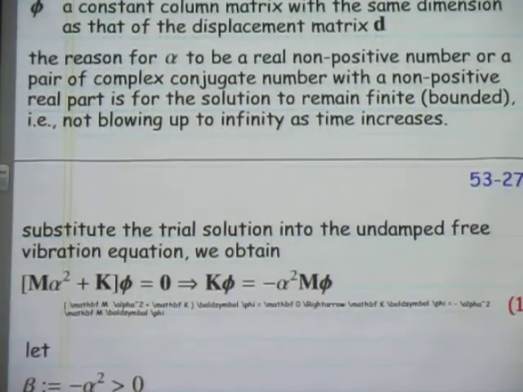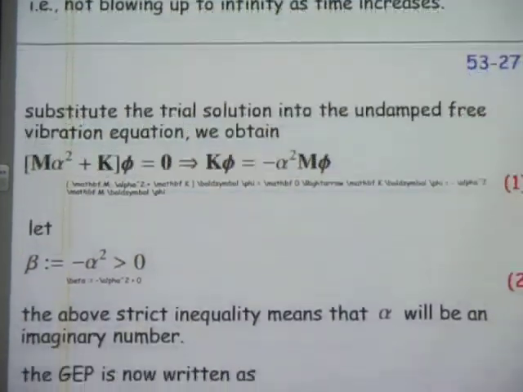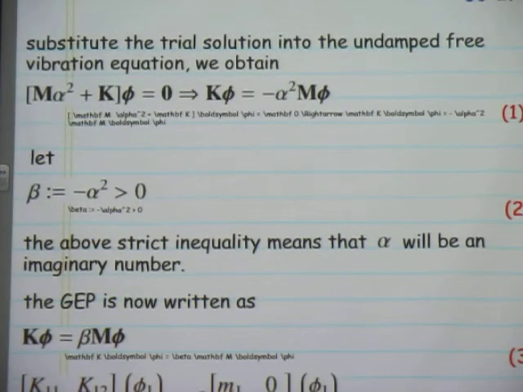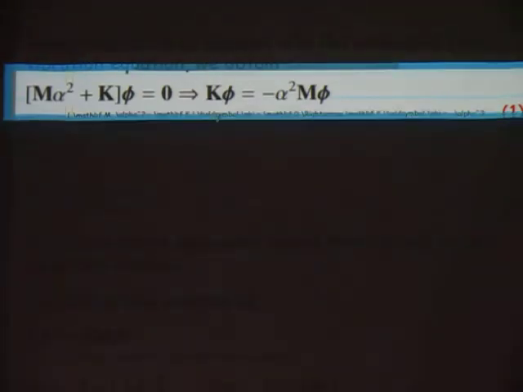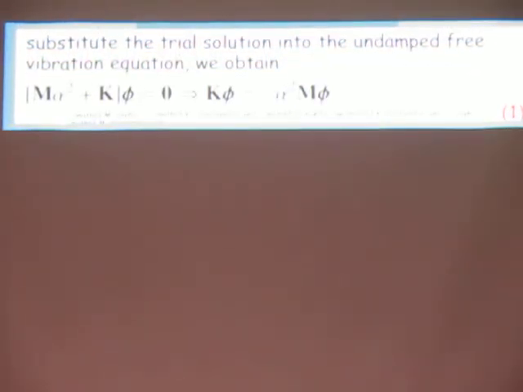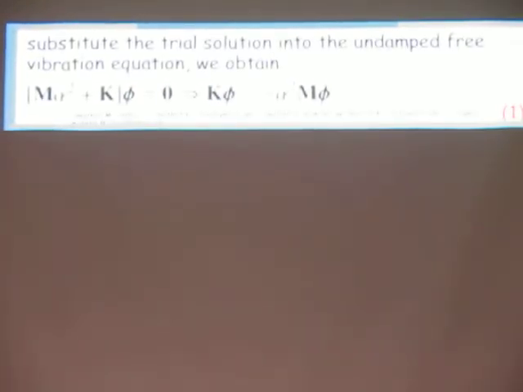Once you substitute the trial solution into the undamped free vibration, you get m times alpha square plus k times phi equal to 0. Let's focus on this.